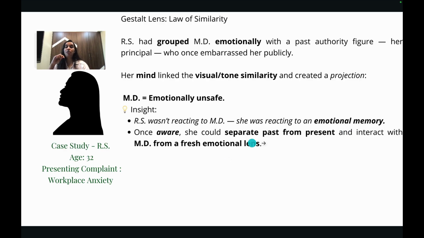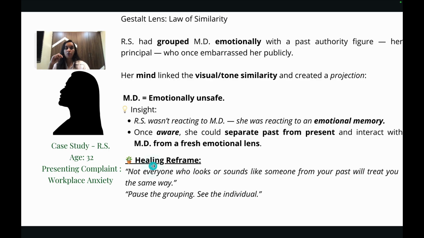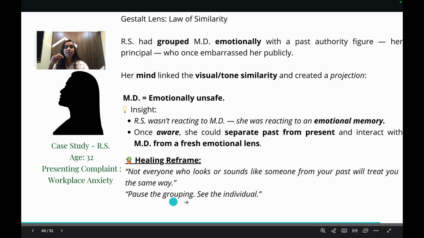Once she's aware, she can separate past from the present and interact with MD from a fresh emotional lens. It takes awareness to know that the trigger is not only from now, maybe it is from the past. While we are healing, we can reframe with them that not everyone who looks or sounds like someone from your past will treat you the same way. Pause the grouping, see the individual.